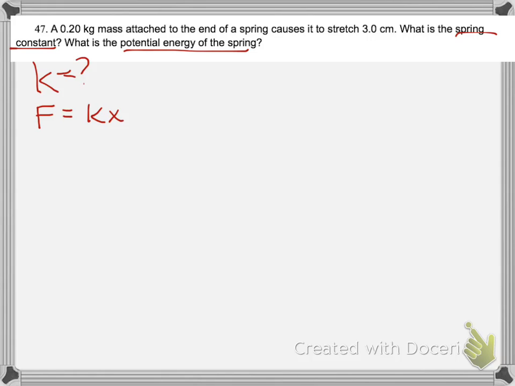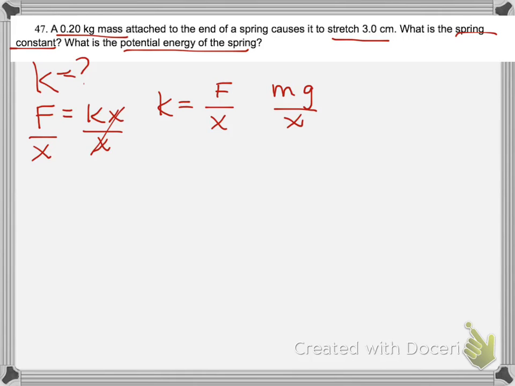So we can manipulate that and divide both sides by x, and we can have K equal your force divided by your x. And in this case, our force is going to be mg because they provide us with a mass, and then our x is the value that it stretched.